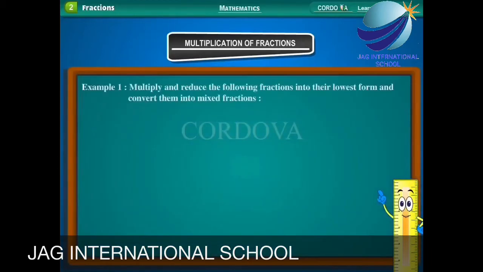Example 1. Multiply and reduce the following fractions into their lowest form and convert them into mixed fractions. 5 × 4/9, 2/3 × 4.